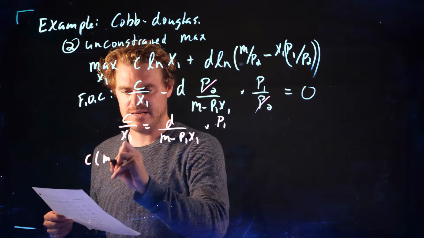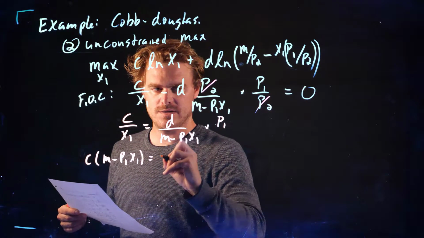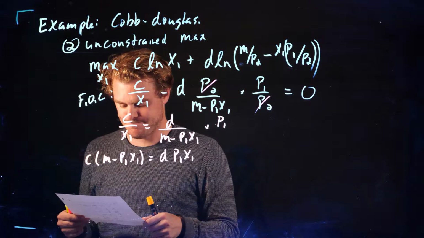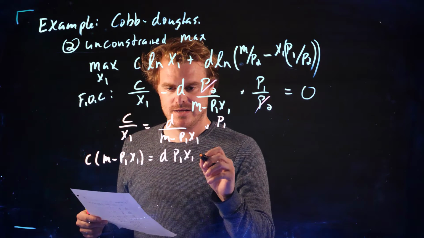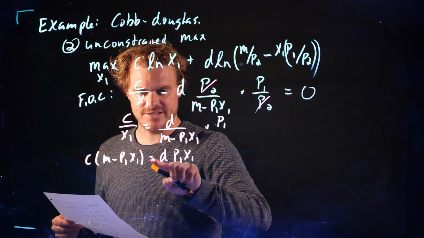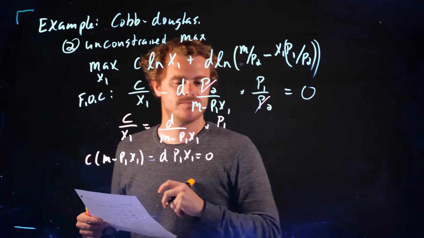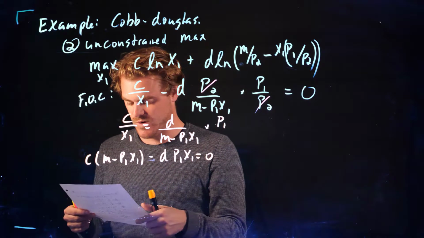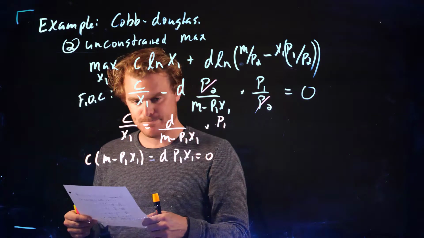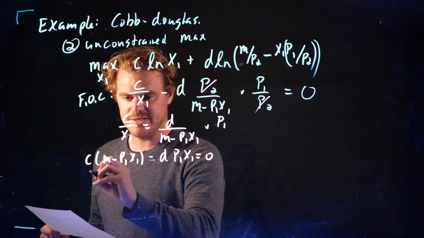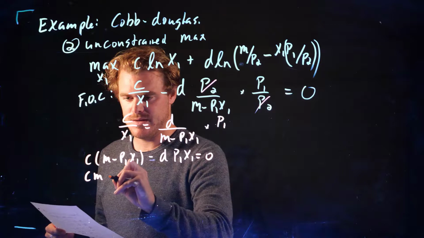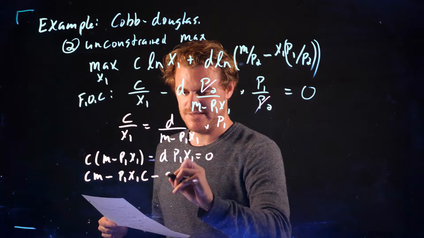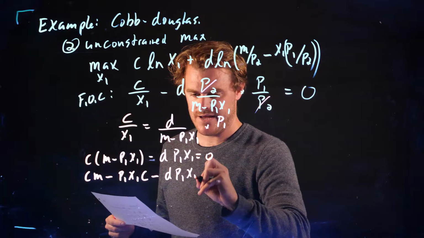So c times m minus p1 x1 equals d times p1 x1. Just cross multiply. I can just change that to a minus equals 0, just moving it back to the other side. Then I'm going to collect the x1s. So again, we're kind of in the same place we were before, but now we have cm minus p1 x1 c minus d p1 x1 equals 0.